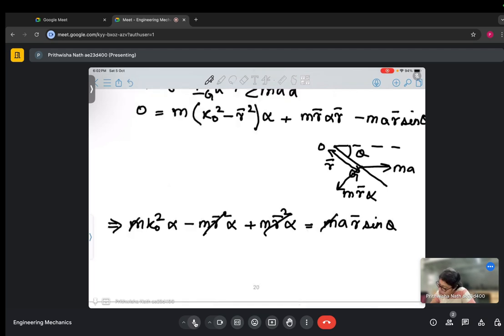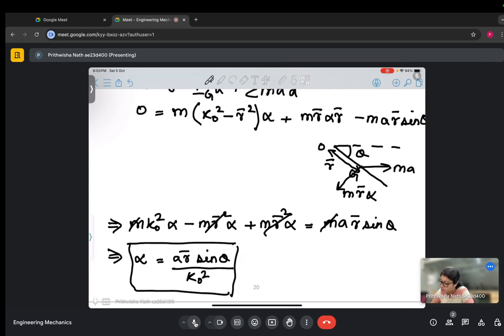So from here alpha becomes nothing but a r bar sine theta by k_O square. So this is alpha.